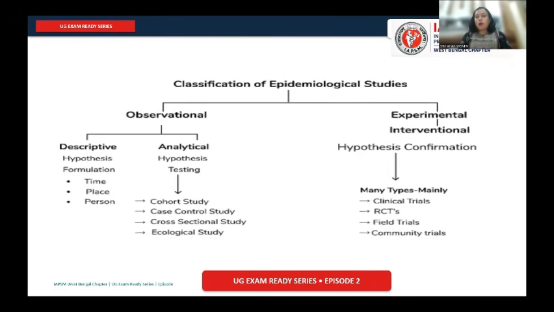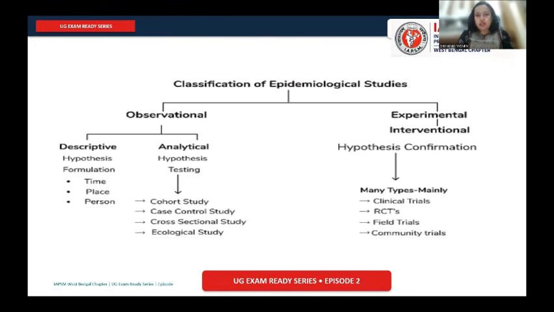Stop a treatment, or you can add a treatment. You can give something, or you take something from the normal population. So it becomes an interventional study as the researcher is intervening. So these are the main 2 broad classifications. It's either observational or interventional.